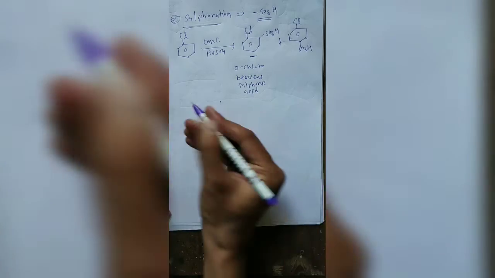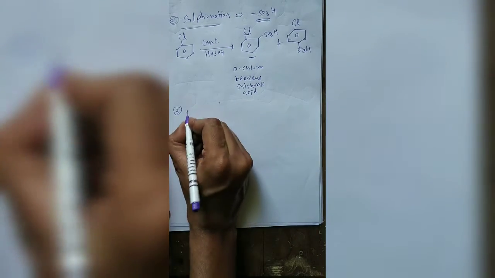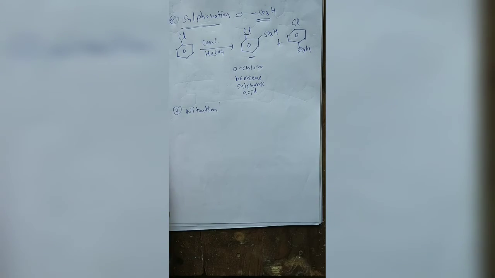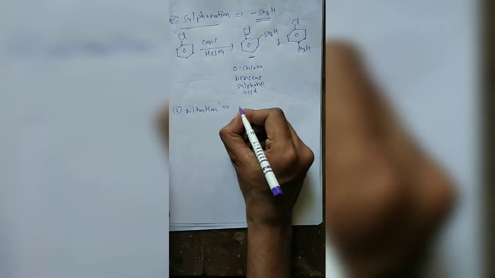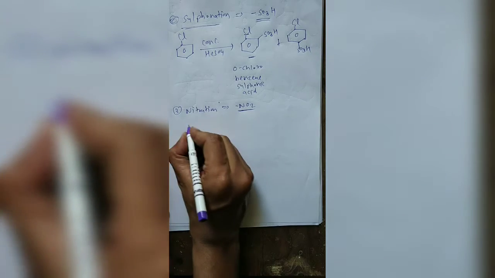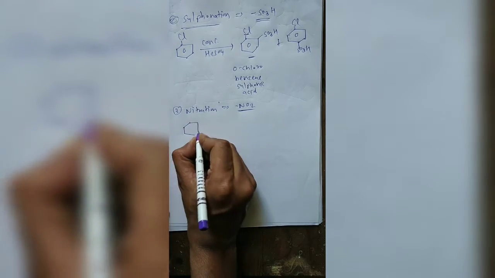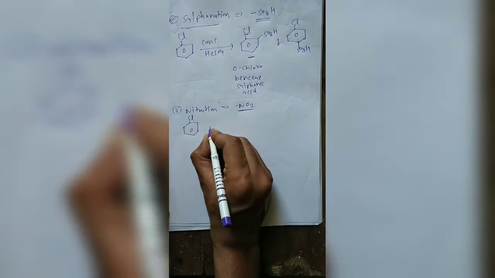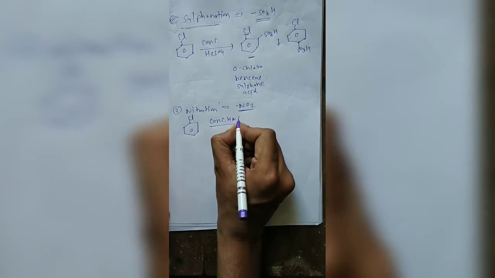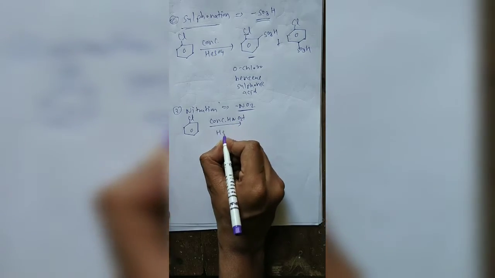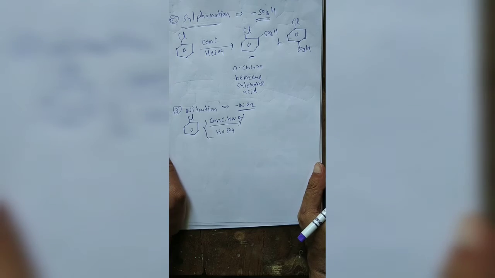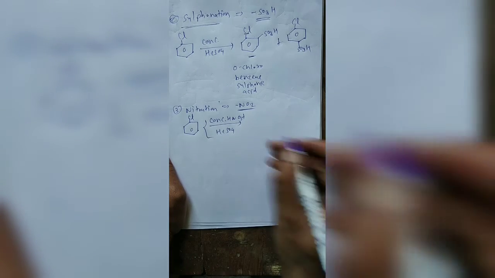Now, the third reaction, that is nitration reaction. In that, we are going to enter the NO2 group. So, let's take the starting material, chlorobenzene. When it reacts with concentrated HNO3 plus H2SO4, this is the reagent for nitration reaction.